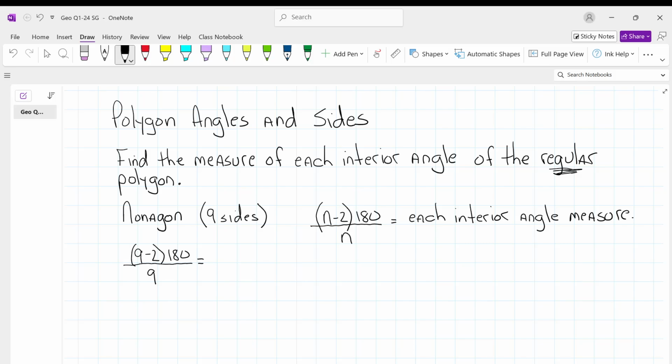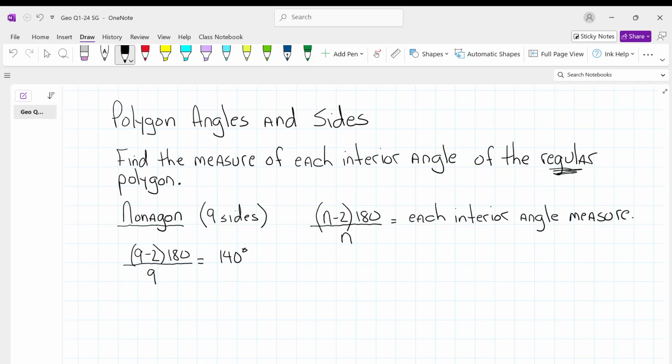So 9 minus 2 is 7 times 180 is equal to 1260. And then you divide it by 9, get 140 degrees. All right, so the measure of each interior angle of a regular nonagon is 140 degrees.